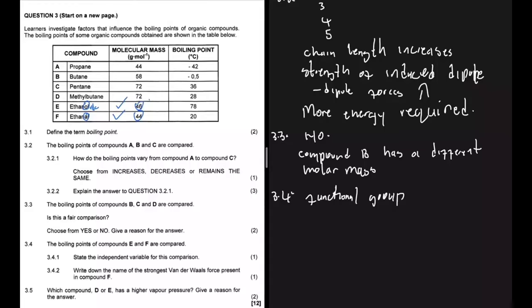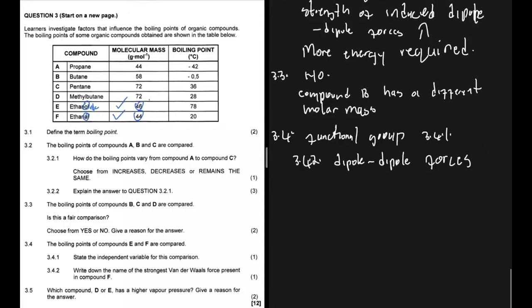And then this is 3.4.1, my bad. And now we have 3.4.2, which says write down the name of the strongest van der Waals force present in compound F. So in compound F, the strongest is dipole forces. This question is more of content knowledge than solving any problem.